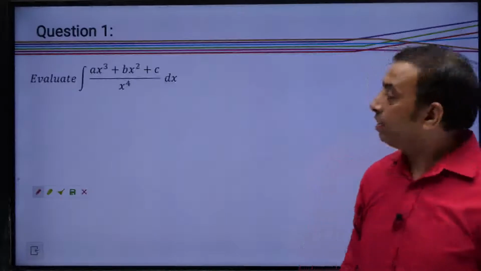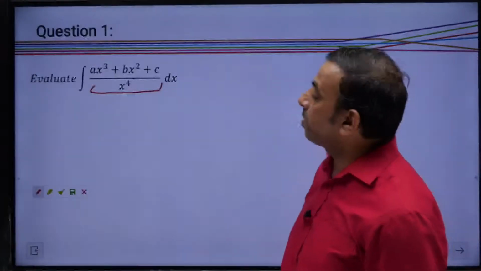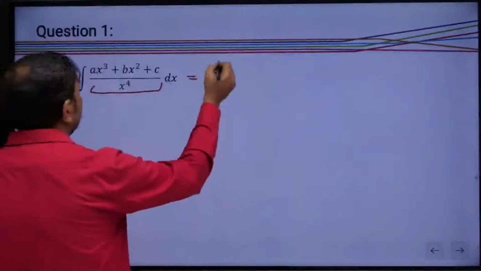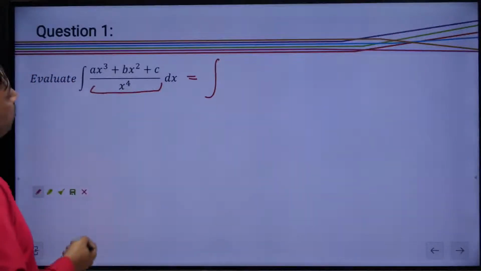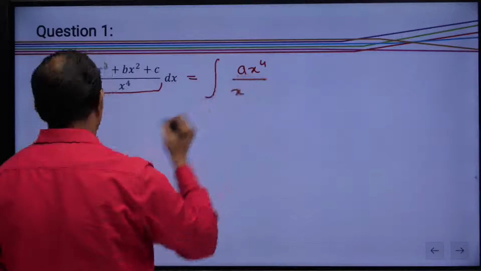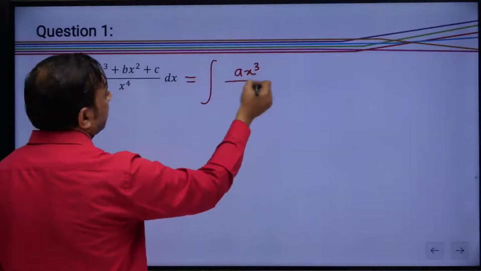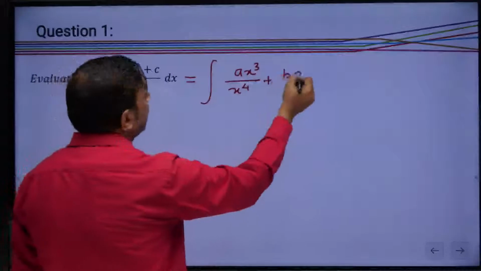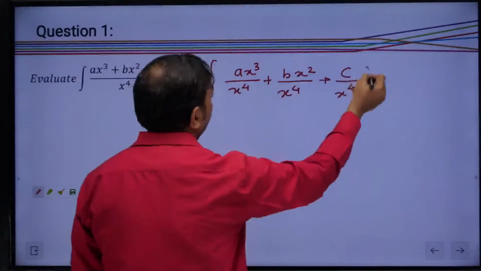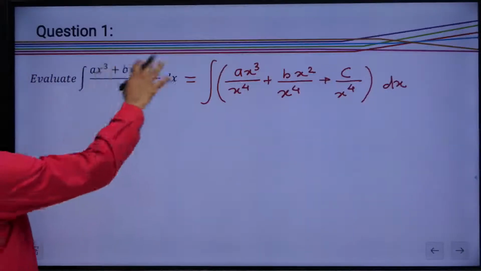This function is called the integrand. What simple thing can I do? I can use the idea of fractions: take the x to the power 4 below to every term, giving ax cube upon x4, plus bx square upon x4, plus c upon x to the power 4, dx. So we have broken the expression into three different terms.